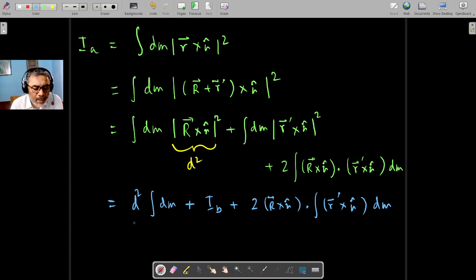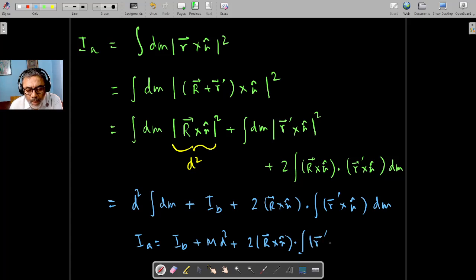Then we can write IA equal to IB plus M d square plus 2 (R cross n) dot integral (r dash cross n) dm.